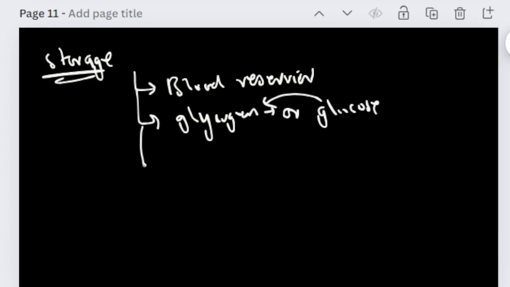Okay, and another is the blood reservoir. When blood is needed, it transports blood all over the body, during injury, etc.